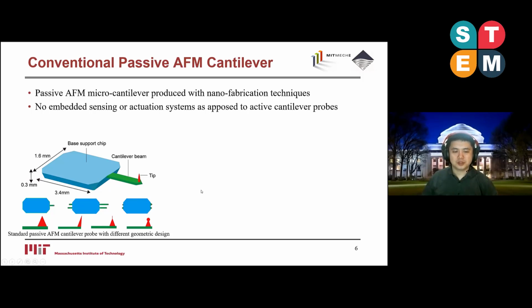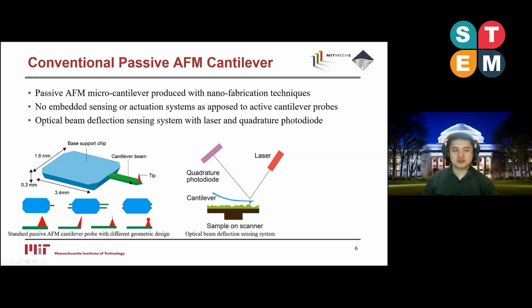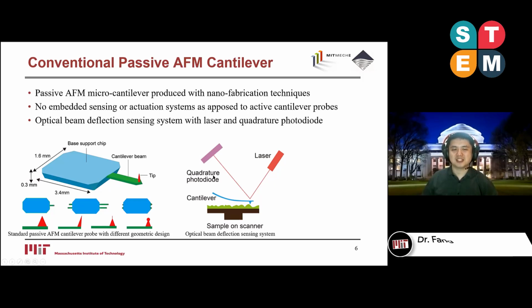So to contrast the active and the passive one, we want to say that passive ones have no embedded elements. As you can see here, these are just built from bulk silicon or sometimes silicon nitride material. For deflection measurement, most of the AFMs currently commercially available use the so-called optical beam deflection sensing.